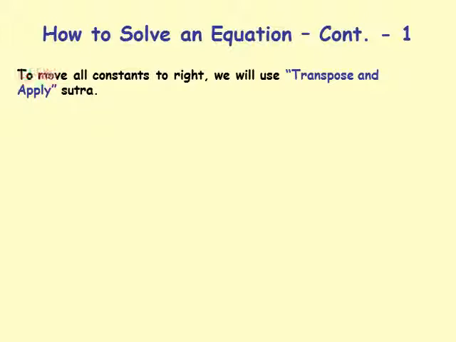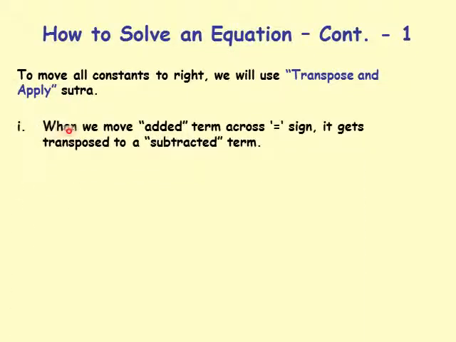To solve the equation, we apply a sutra, transpose and apply. So we are trying to transpose everything that doesn't have the variable to the right, okay? Let's continue here. When we move an added term across the equal sign, it gets transposed to a subtracted term.